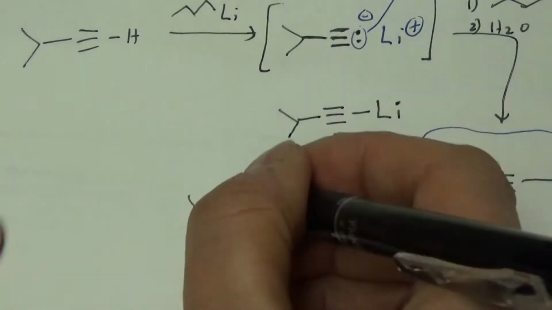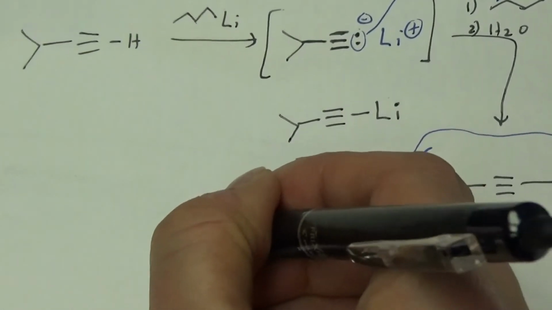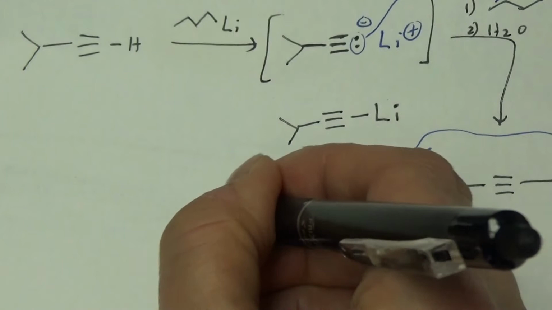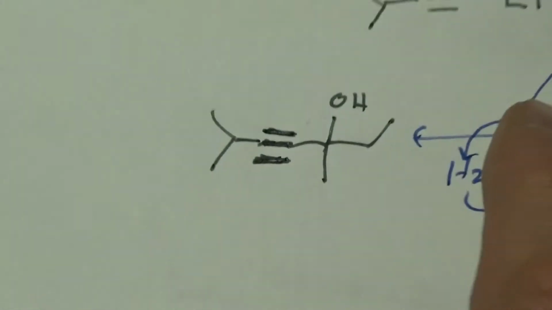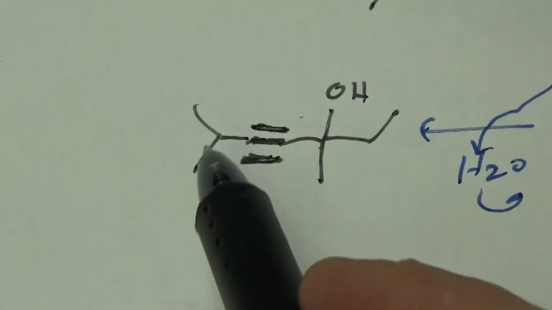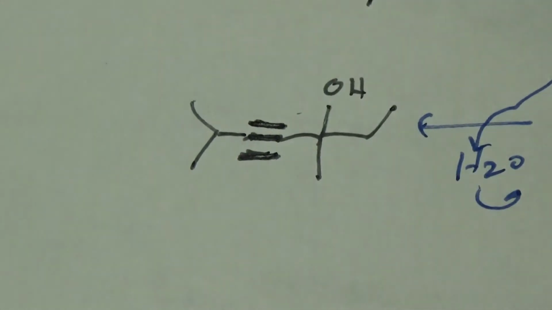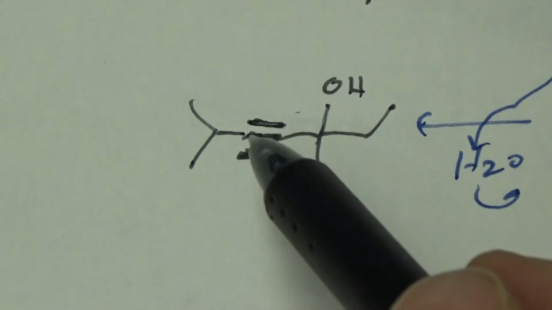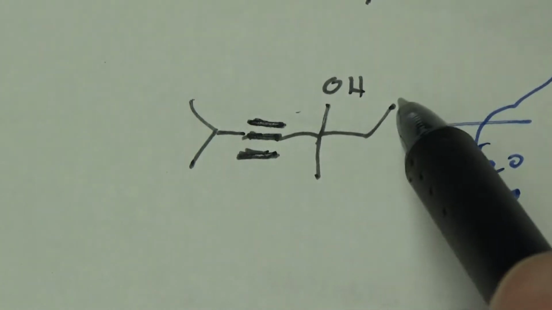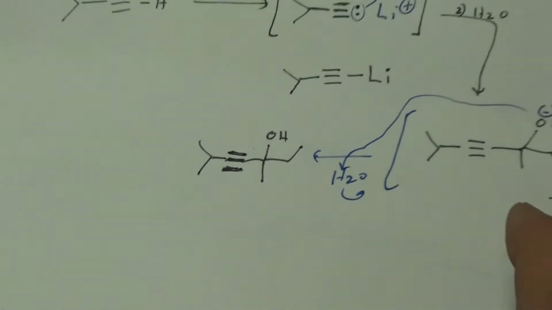Make sure I draw my nice alkyne. Make sure you understand the meaning of this structure. Of course, it's carbon, carbon, carbon, carbon, carbon, carbon, carbon, carbon, carbon. So how many carbons are there? 3, 4, 5, 6, 7, 8, 9. 9 carbons, right? That's the final product.